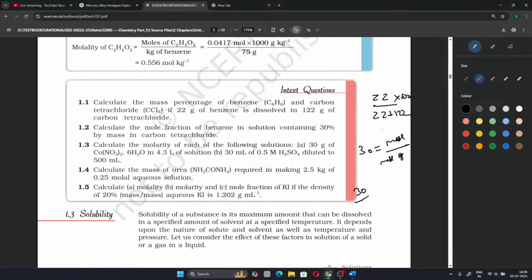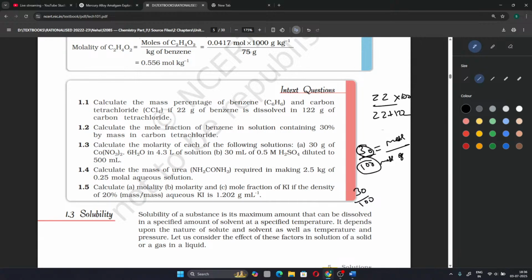So 30 by 100 equals mass of benzene by mass of solution. If the mass of solution is 100 grams, then the mass of benzene is 30 grams.